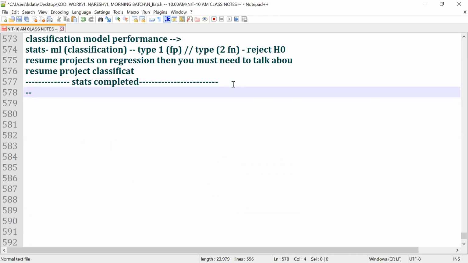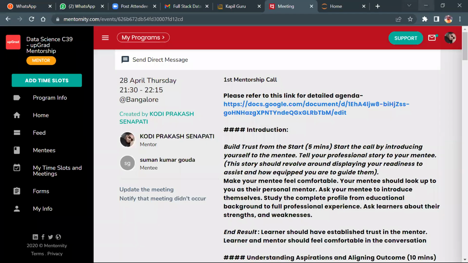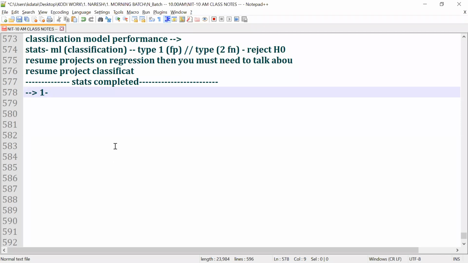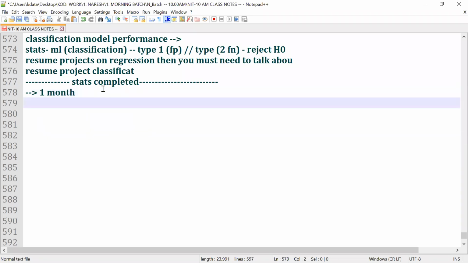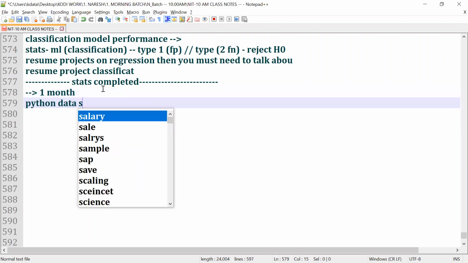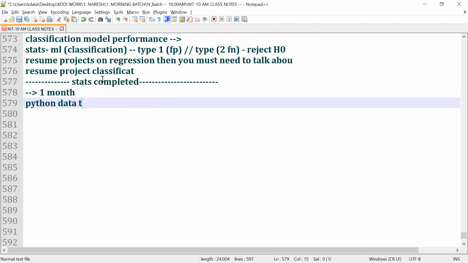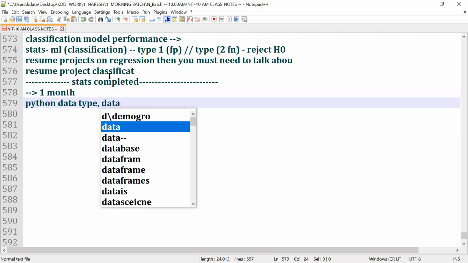What exactly do I mean by pointers? Pointer number one is, till this time, we have completed 1 month, guys. In 1 month, we completed Python basic data types and data structures.